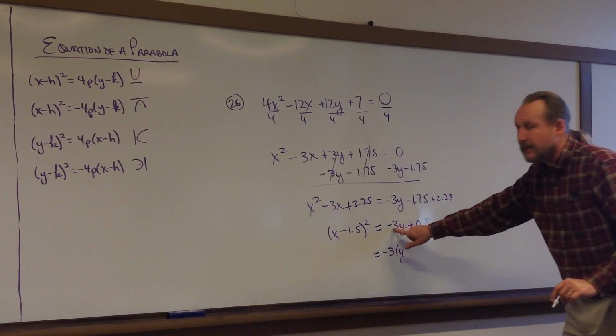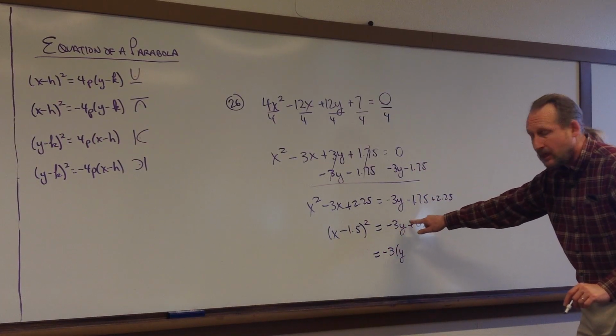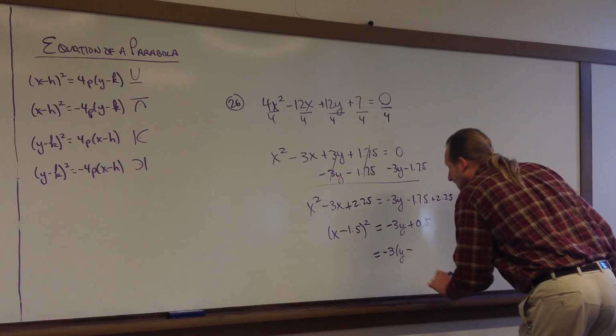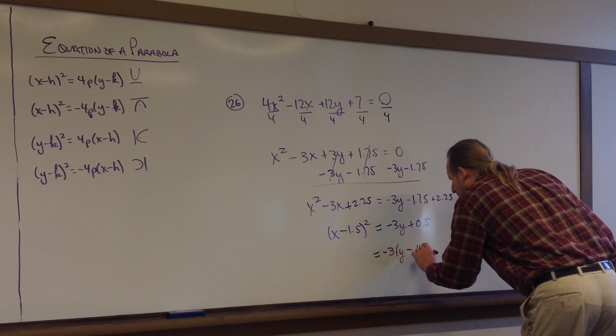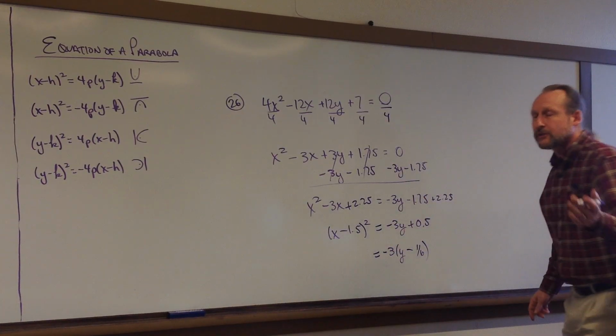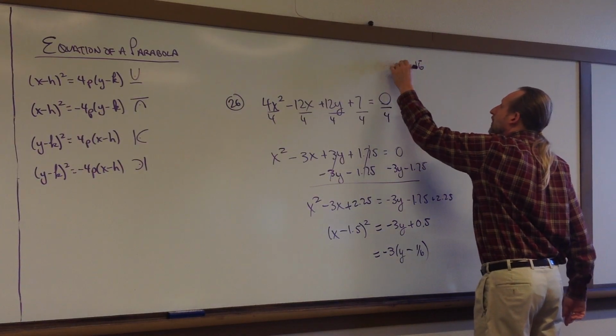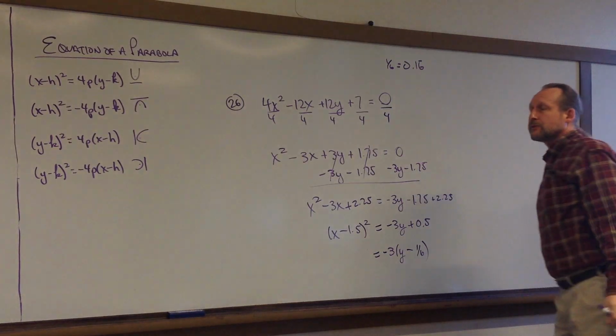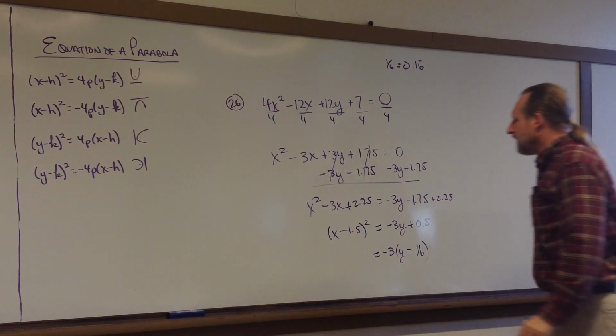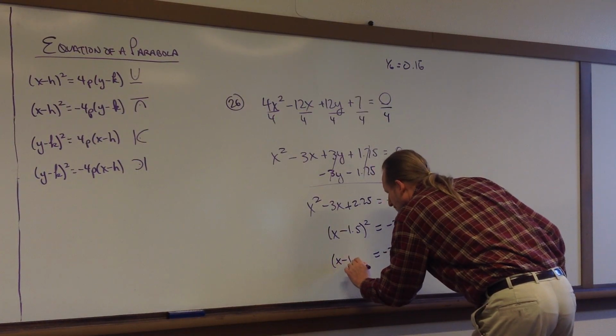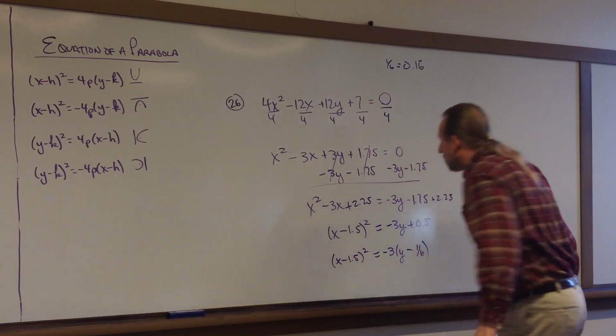And when you factor out a negative, that's going to change this sign right here. It's going to make it negative. That should be 1/6 or 0.16 repeating. Like that. Only the 6 repeats. All right. And this is x minus 1.5 all squared.